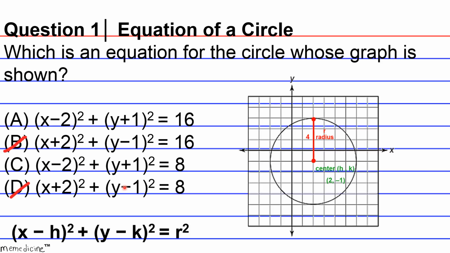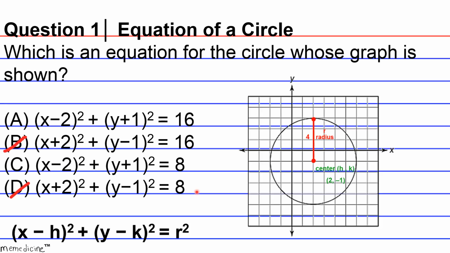Again, I just want to reiterate that the signs of h and k are opposite of those written in the equation. Also, r, the radius, is the square root of the constant on the right-hand side.